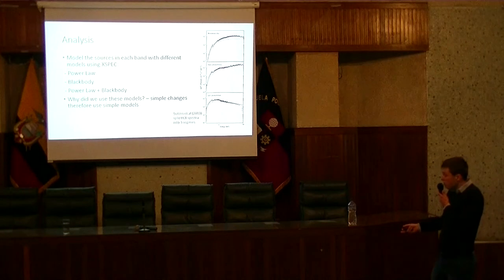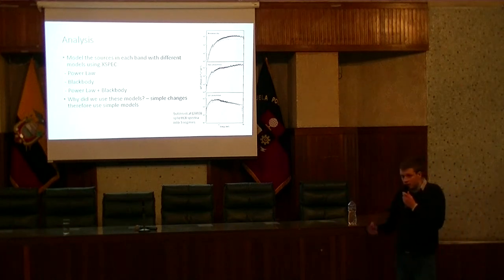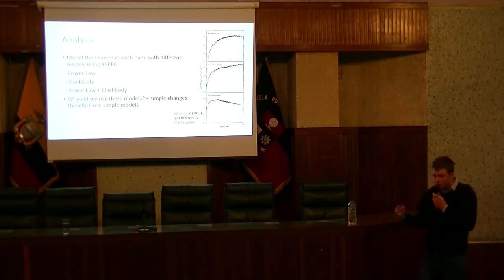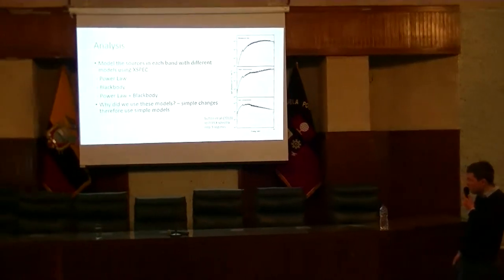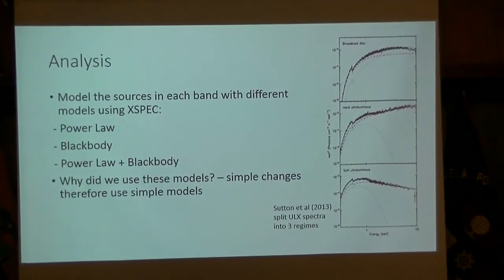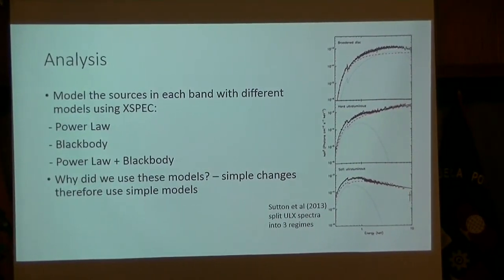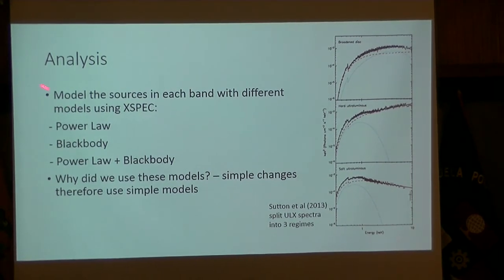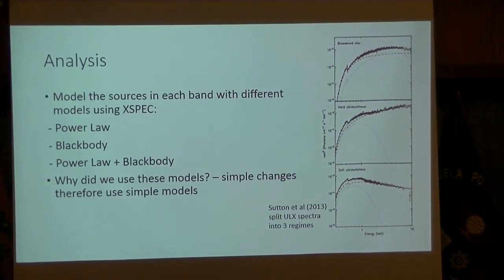Why did we use these models? So I was only looking for simple changes in the spectra, so therefore I could use simple models. It turned out that actually the two-component results were unnecessary. It was unnecessary to use a two-component model because often the power law model or just the black body model would fit the data well enough that the extra component was unnecessary and gave us strange values.